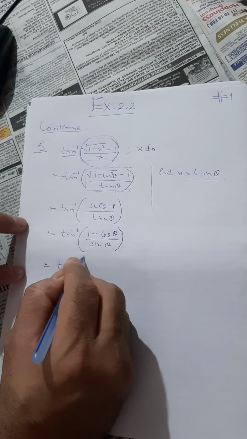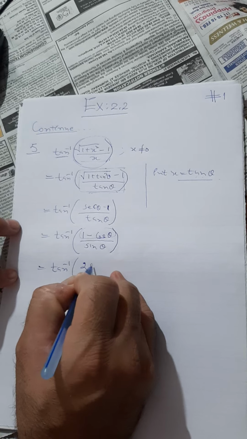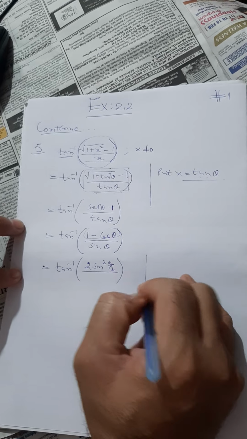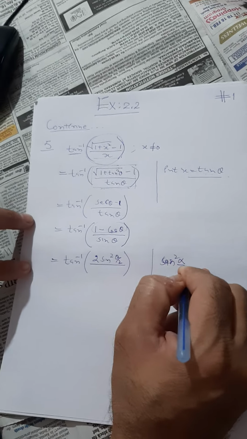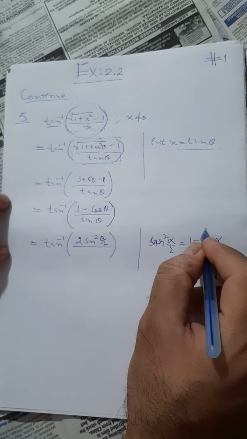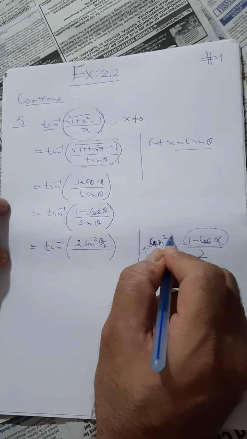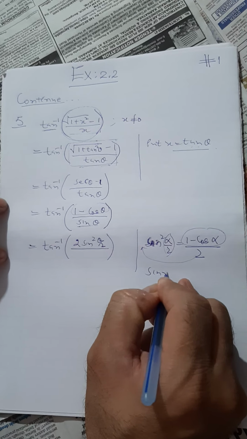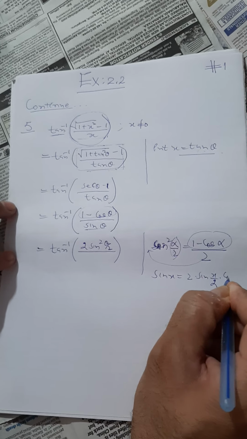Now you know very well from trigonometry, if you recall the half angle formula, this is 2 sine square theta by 2. Just recall this: sine square alpha by 2 equals 1 minus cos alpha whole by 2. So I place this value. So it is 2 sine square alpha by 2, half of the angle. And you know the sine x formula, which is twice sine x by 2 into cosine x by 2.